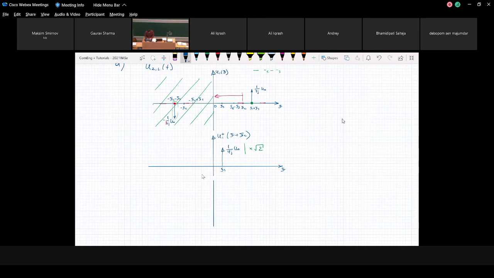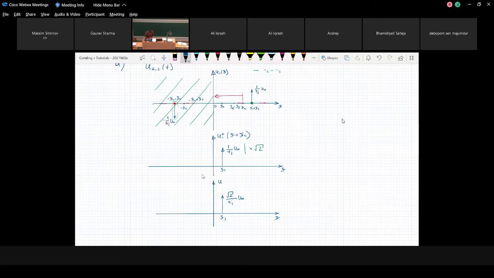our signal in the low-pass range: square root of 2 over 4j times U0 at frequency Fs.